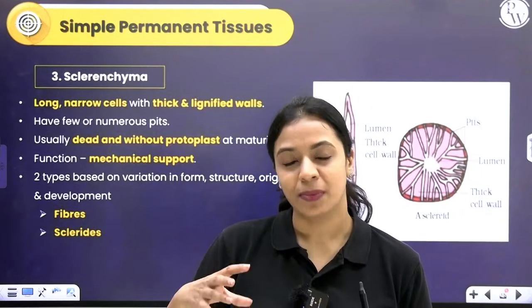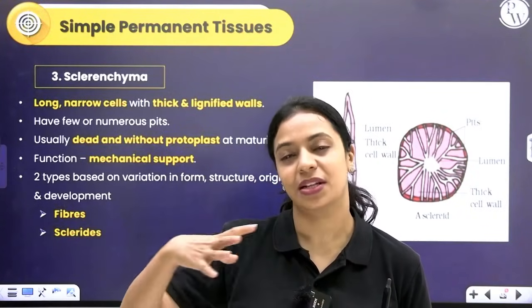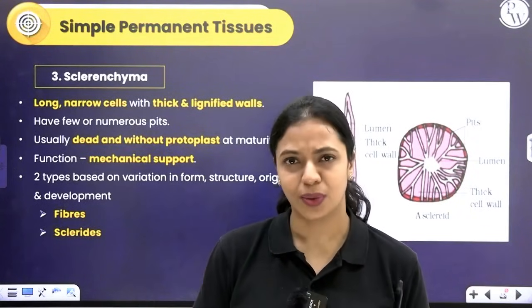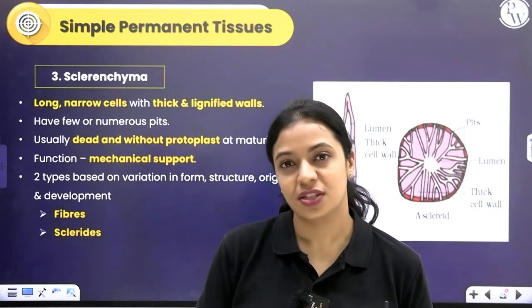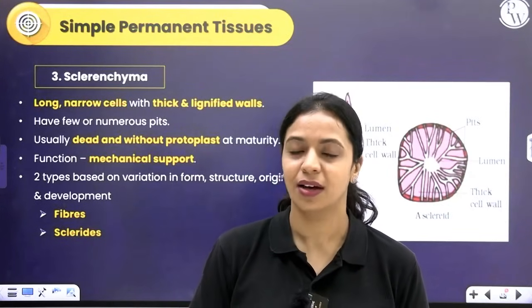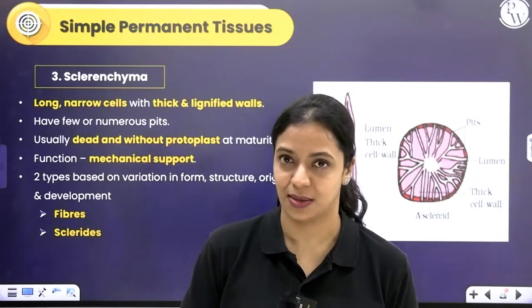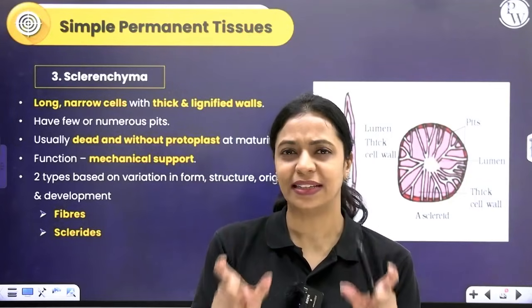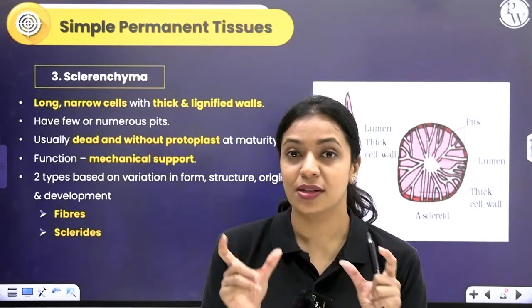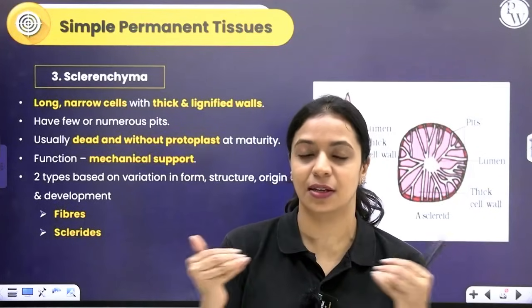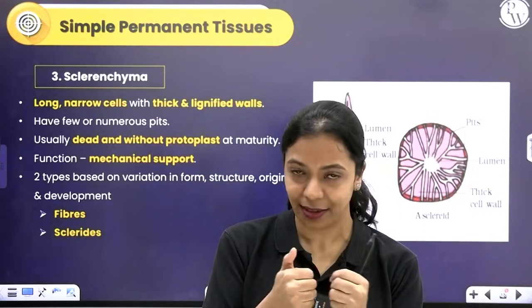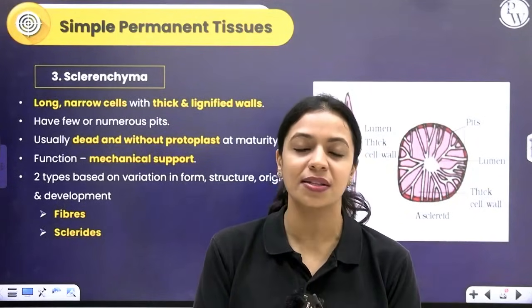I told you, when meristematic tissue becomes a permanent tissue, it will have to undergo some changes. While a meristematic tissue undergoes changes to become sclerenchyma, it will lose its protoplasm and it will develop really thick, rigid walls. The walls are so thick that the lumen inside the cell is almost completely obliterated.